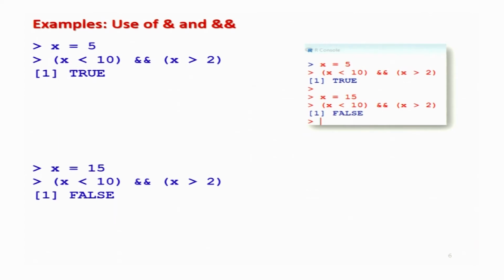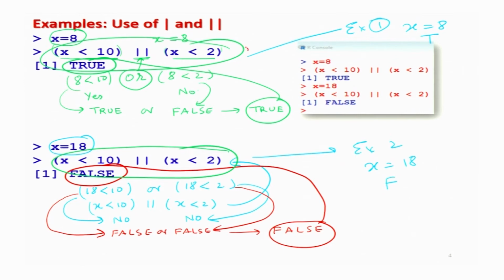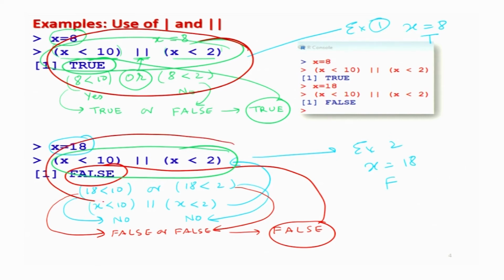Now I take one more example, and I use the AND operator. First I take two AND operators and show you, but before that I have one question for you. When you used the two vertical lines in the earlier example, why was it giving you the correct answer?